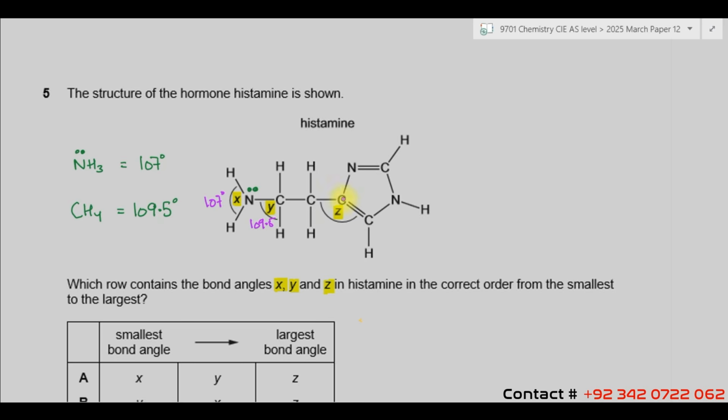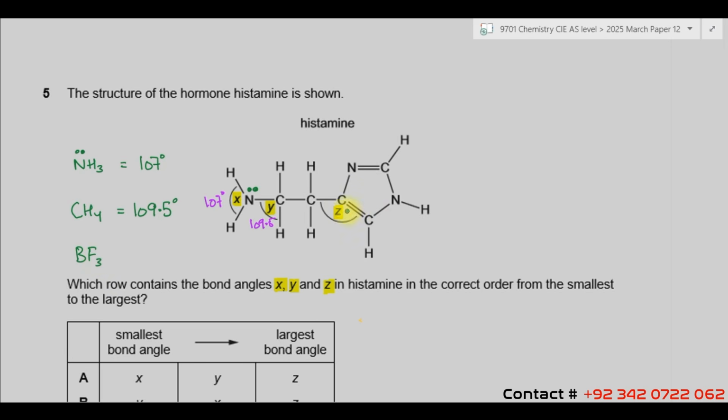Third one is carbon. In Z, we have the carbon making 3 bonds and no lone pair is present. So whenever an element has 3 bond pairs and 0 lone pairs, the bond angle could be 120 degrees. So this one is similar to BF3. In boron trifluoride, boron has no lone pairs and 3 bond pairs. Now boron makes 3 single covalent bonds, but this carbon is making a double bond.